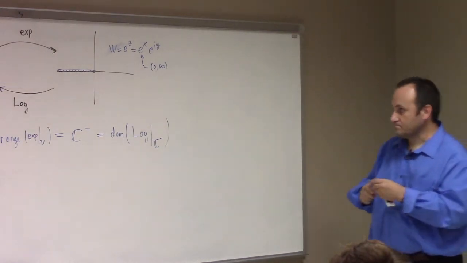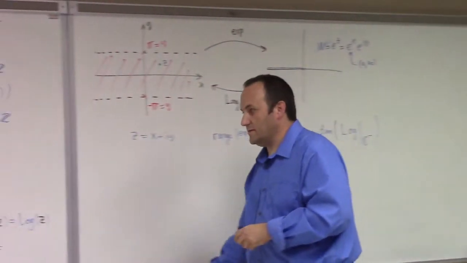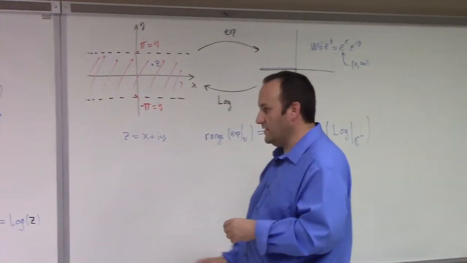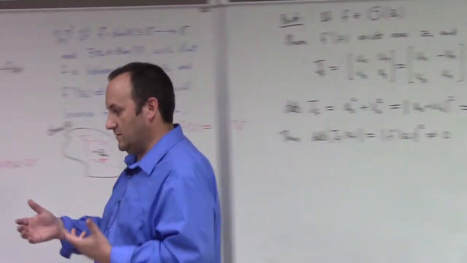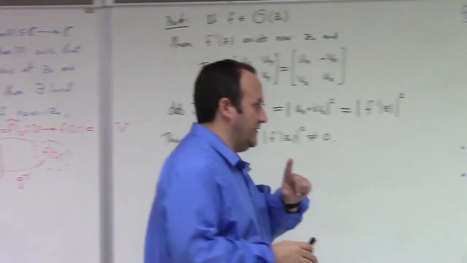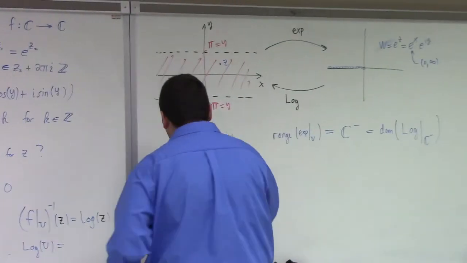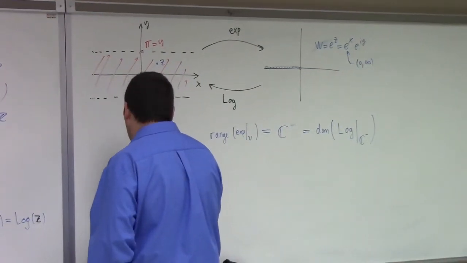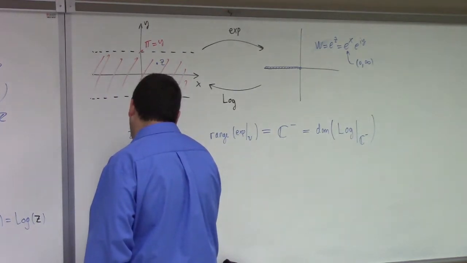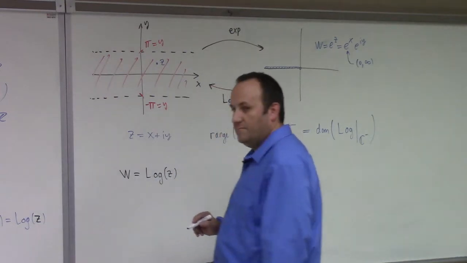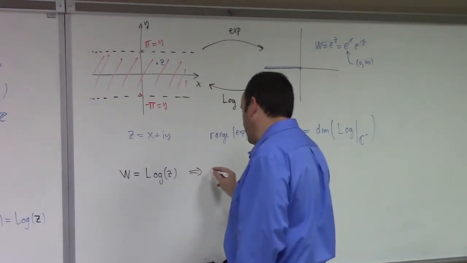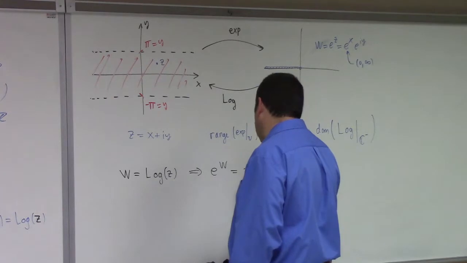So the larger point here is that you could figure out the derivative of the logarithm using calculus 1. I would like to point that out to you. That still makes sense. So if we say that w equals log of z, then that implies that e to the w is equal to z.